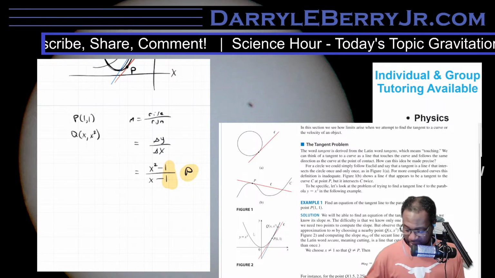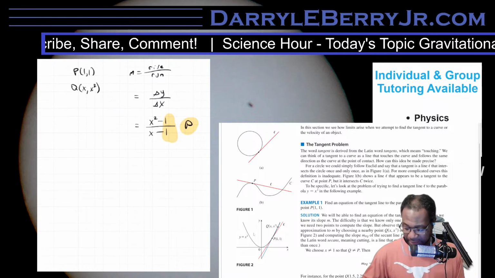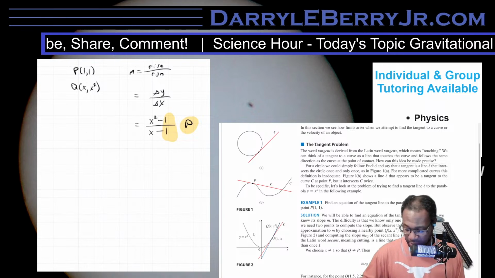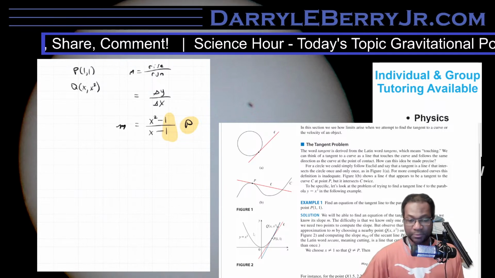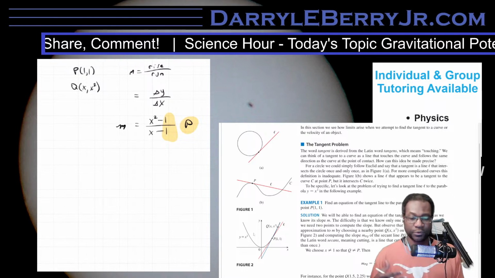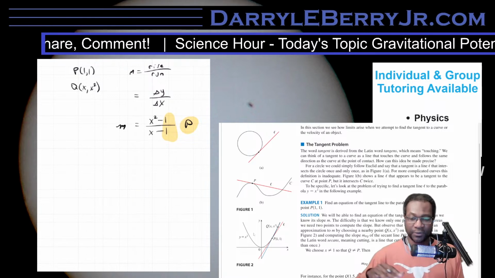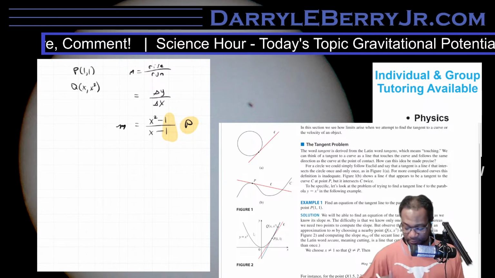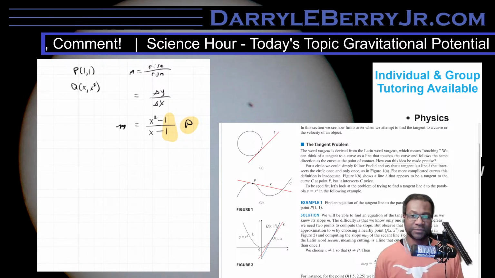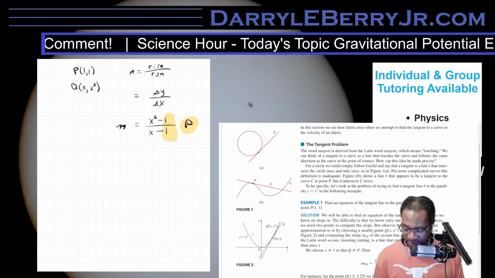What we're doing is getting a slope between these two points. And this would allow us to construct a line that equates to this tangent line, which gives us a slope at that point.